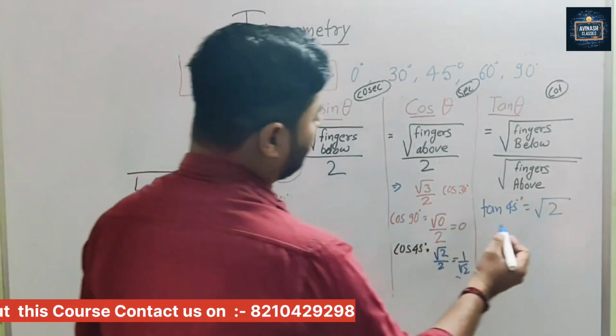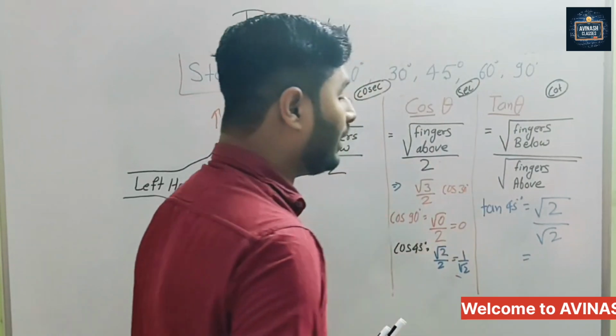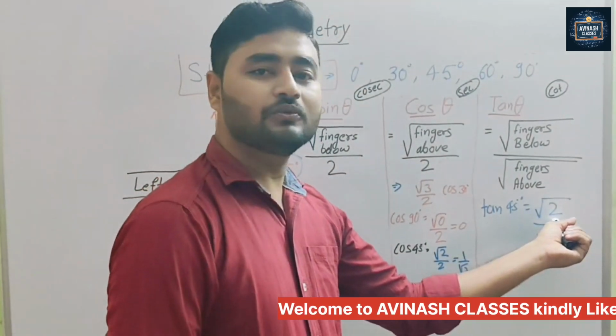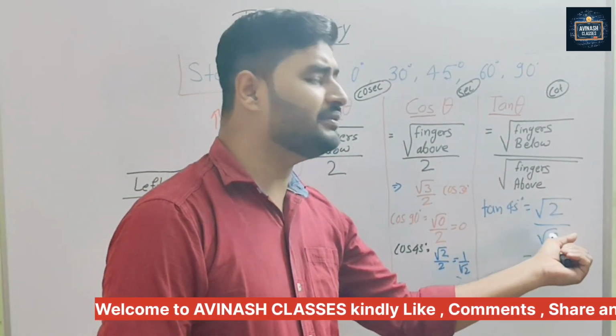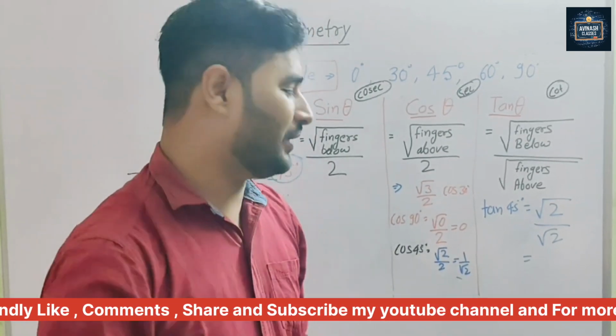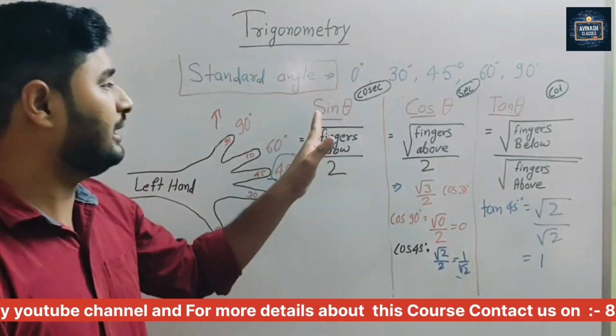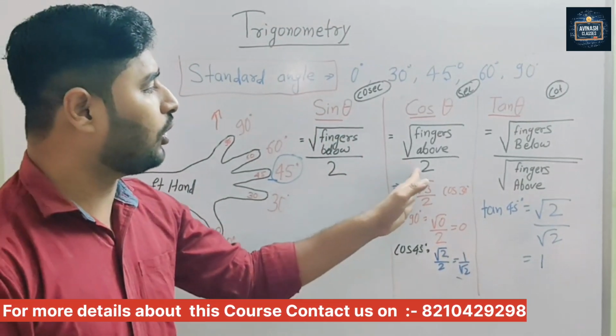And above how many fingers? Sir, 2 fingers. Same number, root 2 divided by root 2. We know that if same number is divided, then the answer is 1. So the answer here is 1. So this formula we learn how to find the sine, cos and tan.